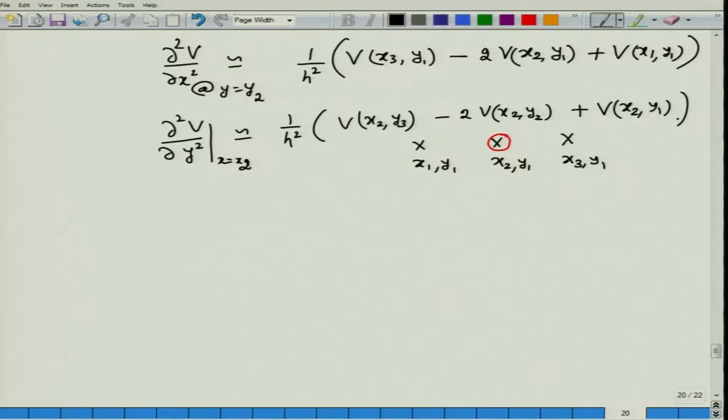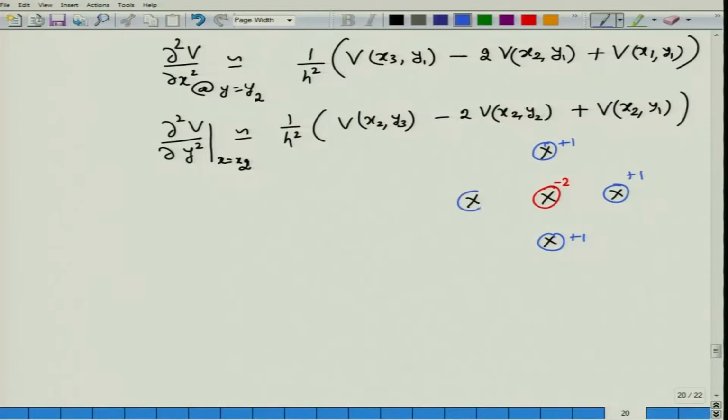Now that I have the top and the bottom, let me redraw this grid. What I want to show you is that these are the points which are necessary for me. This is the center point, which comes in with a weightage of -2. These points come with a weightage of +1, +1, +1 and +1. Of course these are not the only points we have.